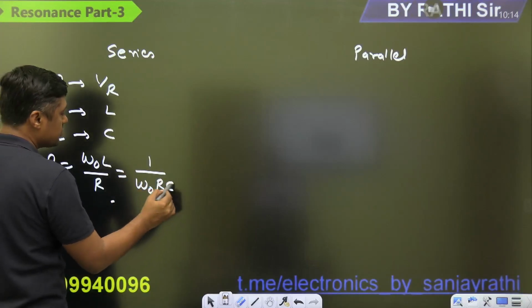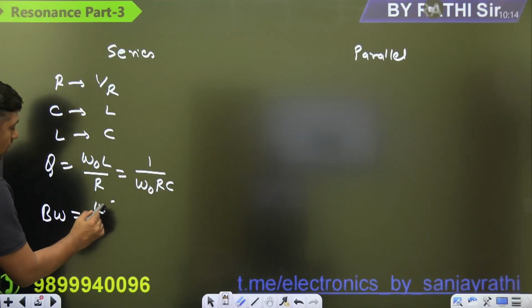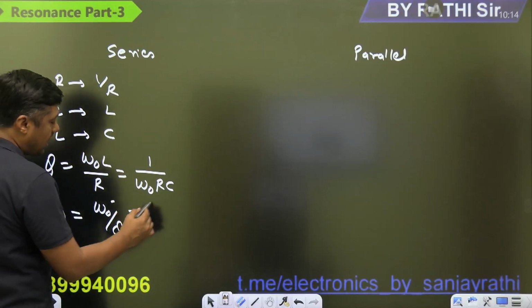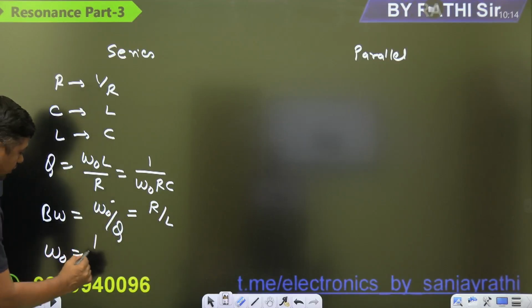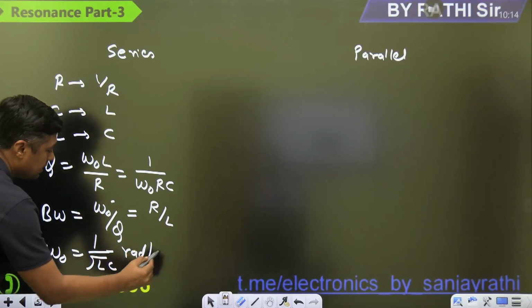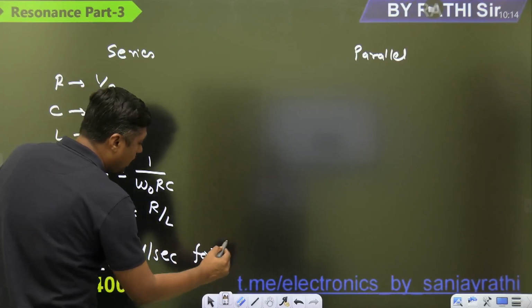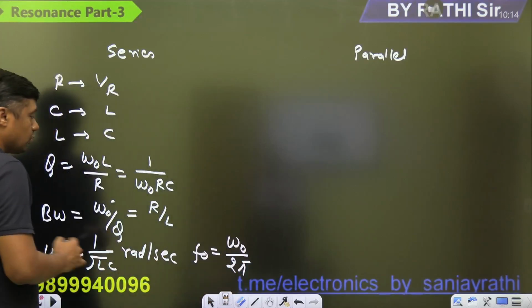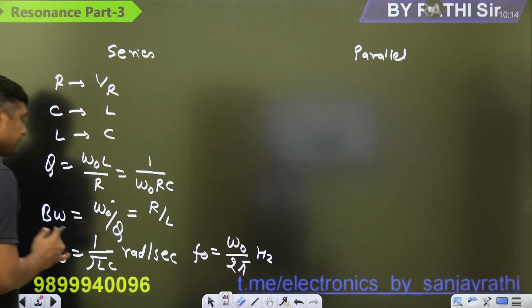This is for series resonance. Bandwidth, that is given by omega naught by Q, or that is also given by R by L, where omega naught is the resonance frequency, 1 by root over LC, right? It is in radian per second. If you want in hertz, then you have to find by omega naught by 2 pi. Then it will become 1 by 2 pi root over LC. Remember that. It is in hertz, it is in radian per second.